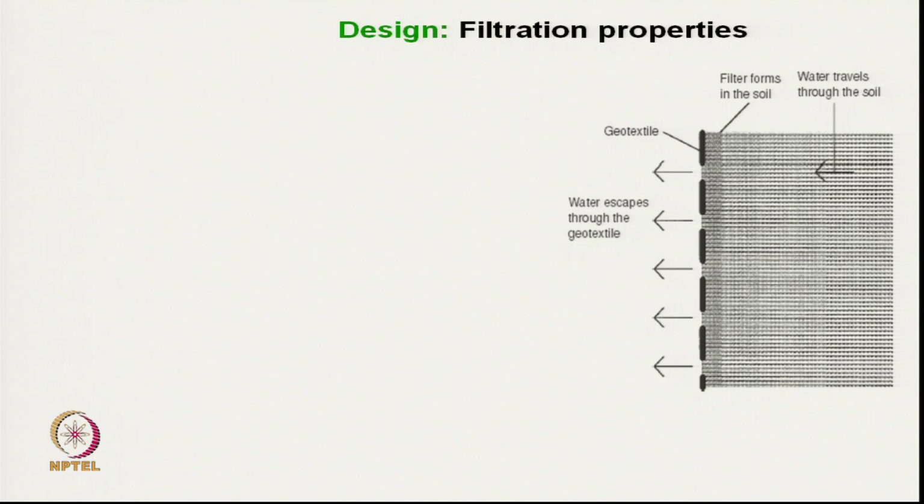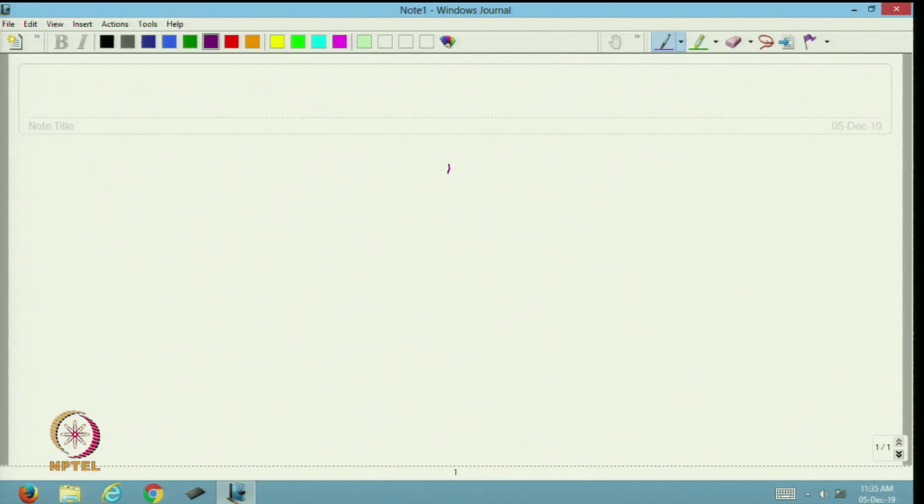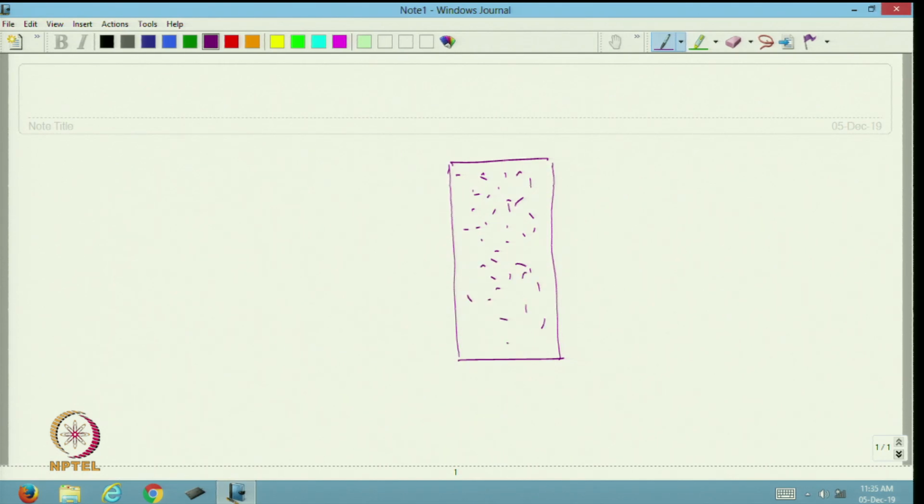Now, let us see here. This is the soil structure, soil of different size, larger particles are there, very small particles are also there.